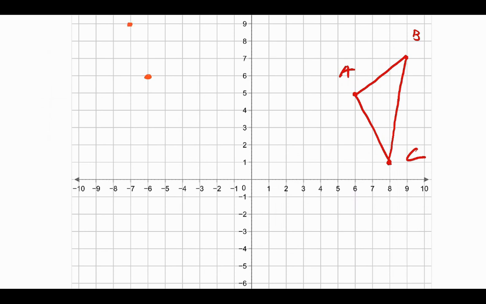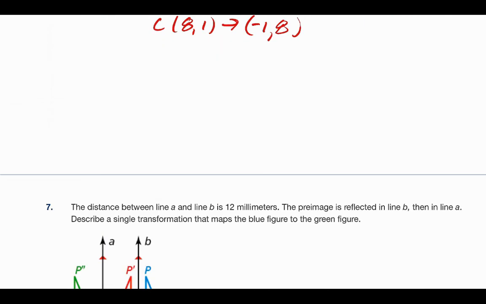And I'm going to go over -1 and up 8. So here's my C prime, here was my A prime. But when you're doing this on your Big Ideas, you won't have to put the letters there. You just have to make sure that they're in the right place. And I will be looking at that too when I give you partial credit.